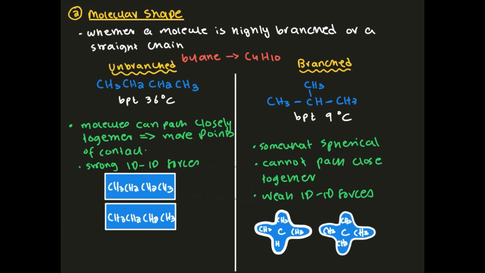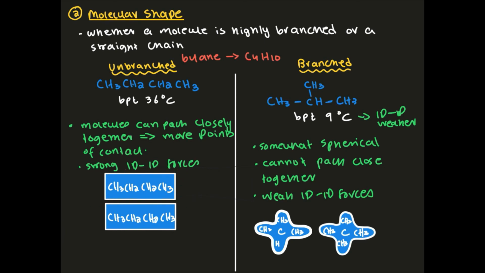This means that for this, the Id-Id forces are going to be weaker. So less energy is going to be required to break them, and because of that, the boiling point will be lower. Now the reason for this is that in a straight chain or unbranched molecule, the molecules can easily pack close to each other. So because of that, there's going to be more points of contact.